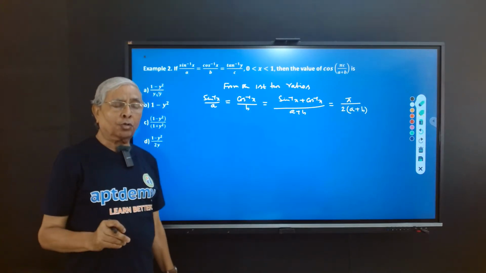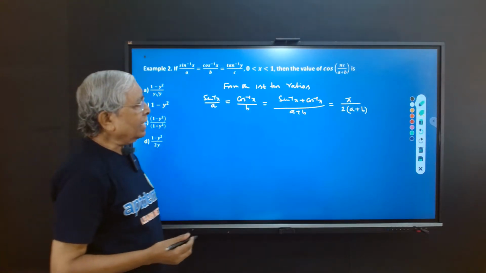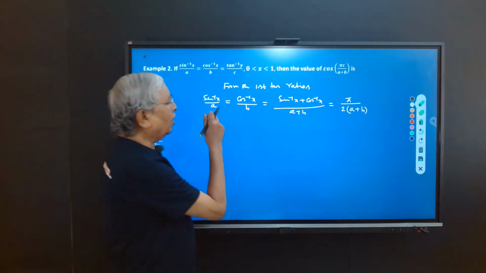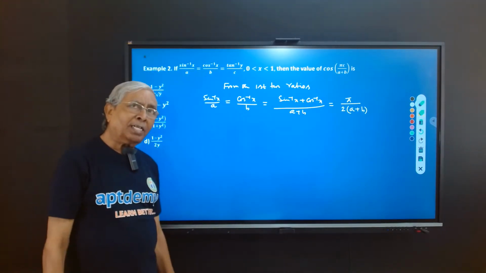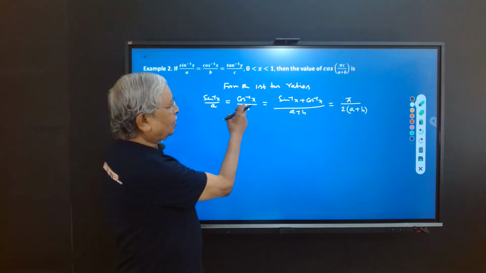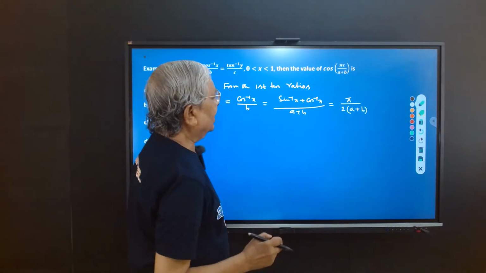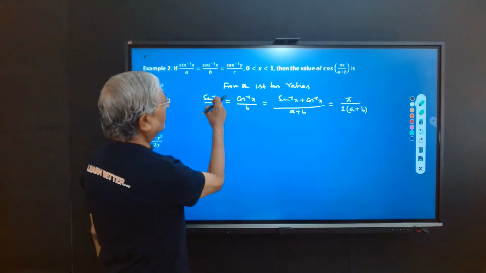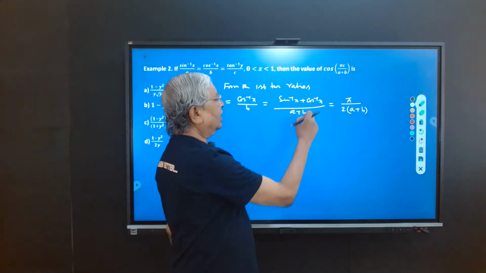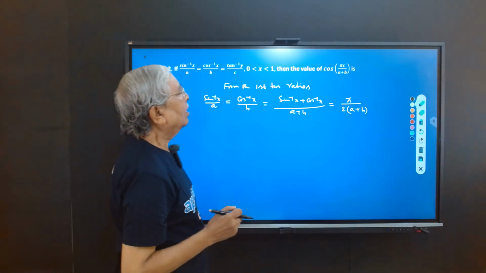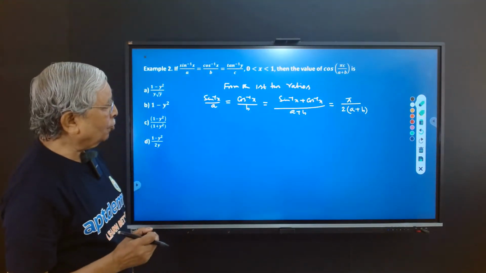From the first two ratios, how do we get this? We know that if A by B equals C by D, you can write A by B equals C by D equals A plus C by B plus D. And that's why I have written sin inverse x plus cos inverse x by A plus B. And here we know sin inverse x plus cos inverse x equals pi by 2.